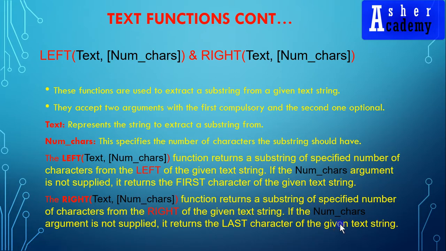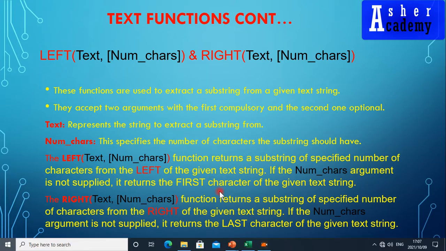The RIGHT function returns a substring of specified number of characters from the right of a given text string. If the numChars argument is not supplied, it returns the last character of a given text string. This is about these two functions, the LEFT and the RIGHT functions. We are now going to head over to our Excel, where we are going to look at the functionality of these two functions.